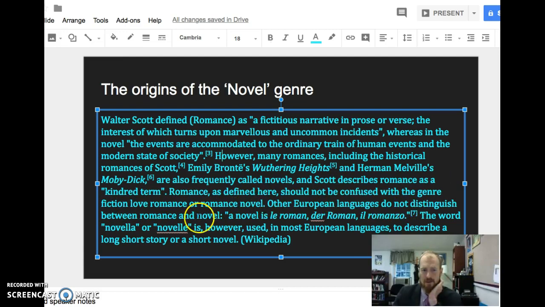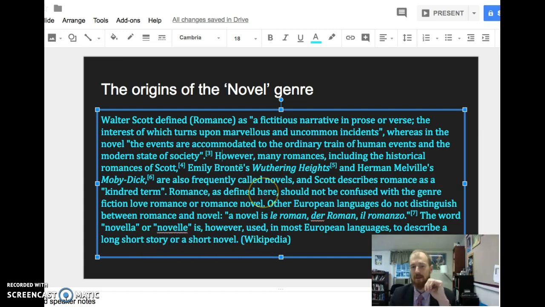Other European languages do not distinguish between romance and novel. A novel is le roman, der Roman, etc. The word novella or novelle, however, is used in most European languages to describe a long short story or a short novel.